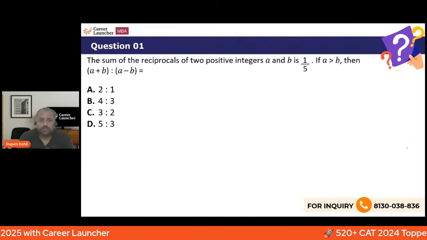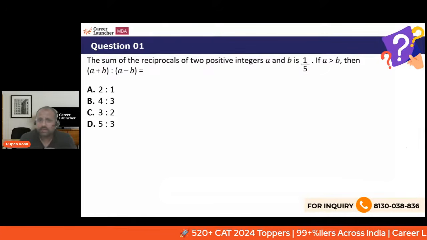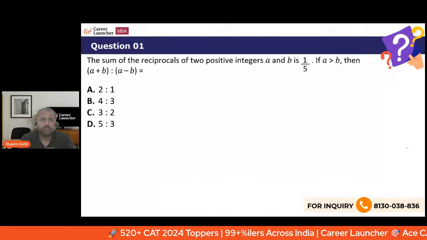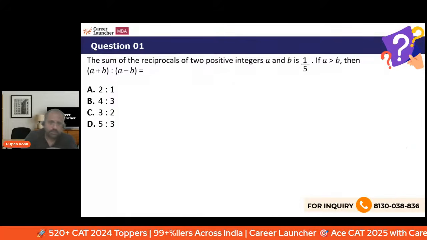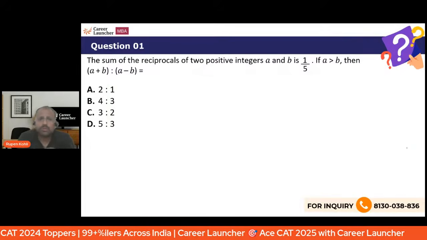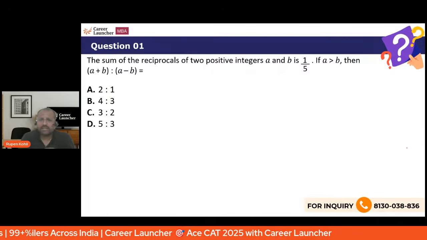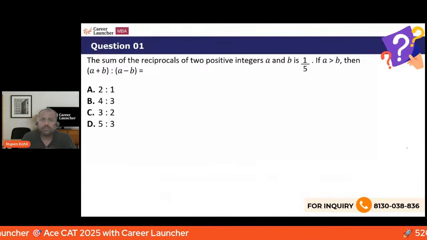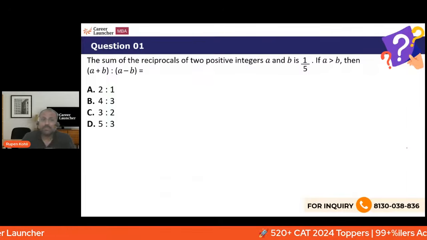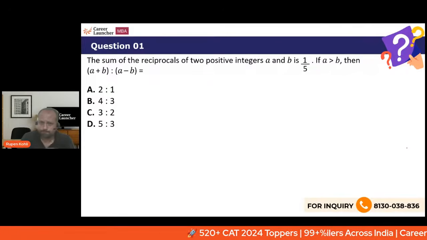Something purely on variable based analysis. The sum of reciprocals of two positive integers a and b is 1 over 5. If a is more than b, then we are asked to find the ratio of a plus b to a minus b. All right.